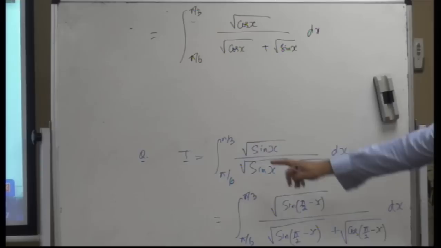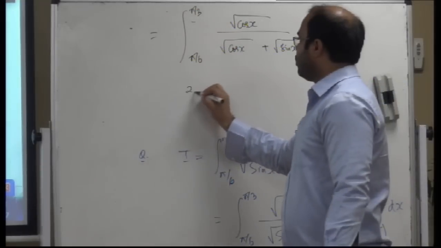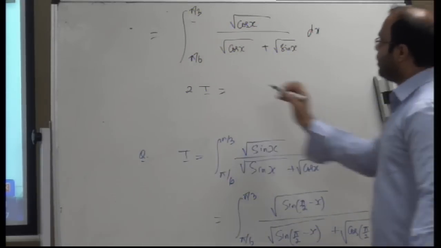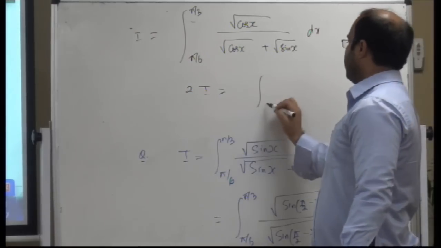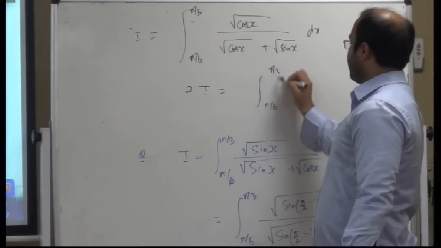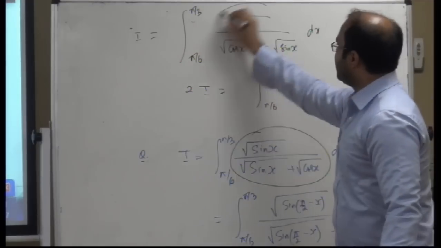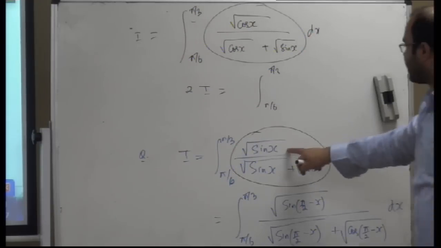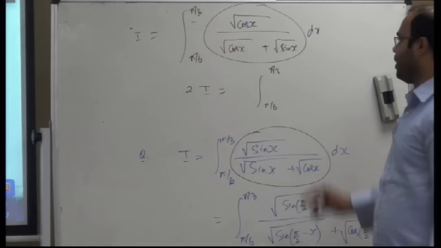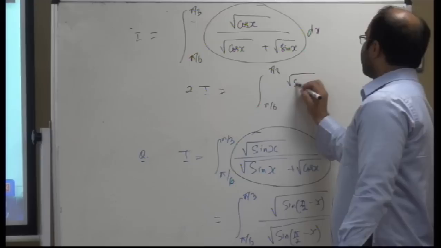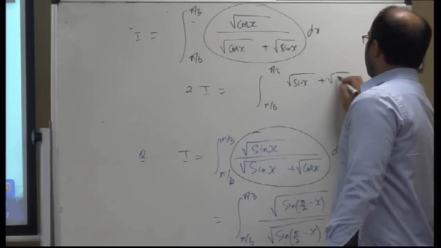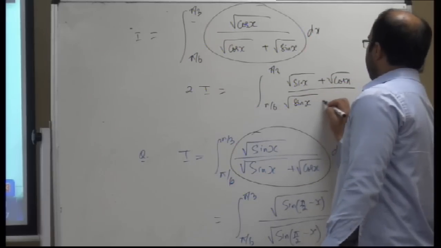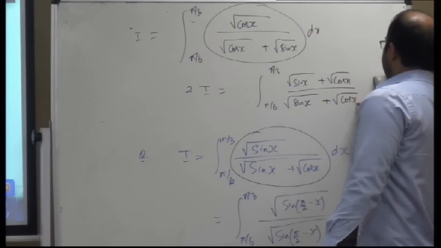So when you add both the I's, you will get 2I. This I plus this I, this also I. So this would be 1. When you take the LCM of this function and this function, the LCM is same, and then in numerator, you will get root over sin x plus root over cos x upon root over sin x plus root over cos x dx.